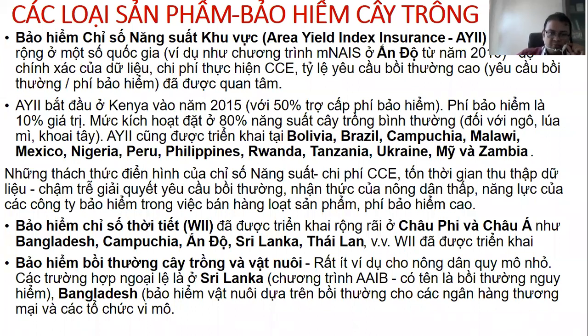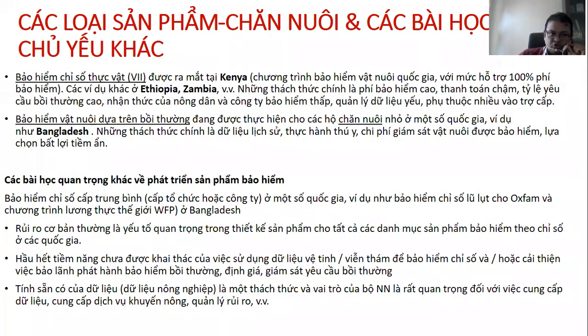Then moving on to the next slide, we have a few other lessons and few other examples relating to livestock. So, with livestock insurance as well as some other categories of products, the vegetation index products that I was mentioning earlier, the livestock index insurance products, these have been launched in Kenya.